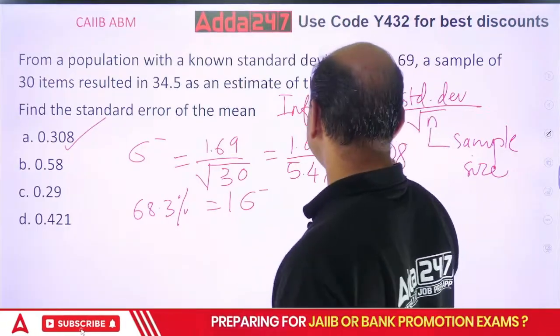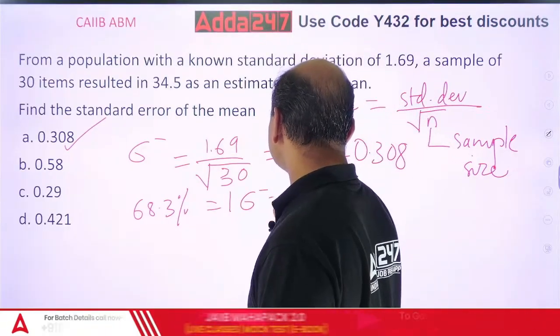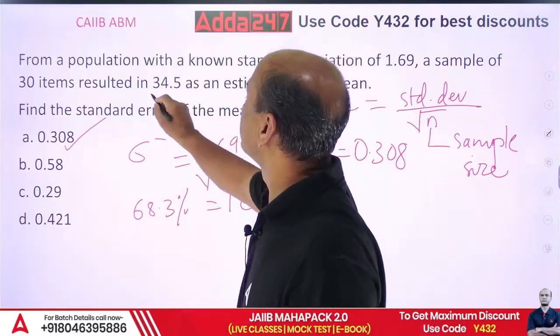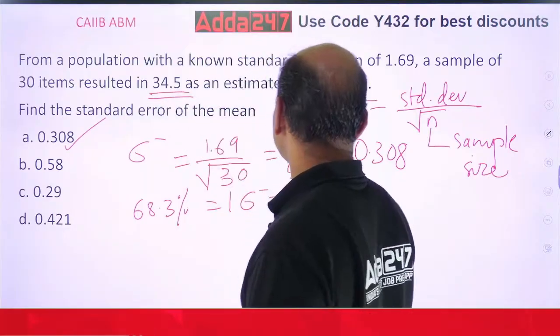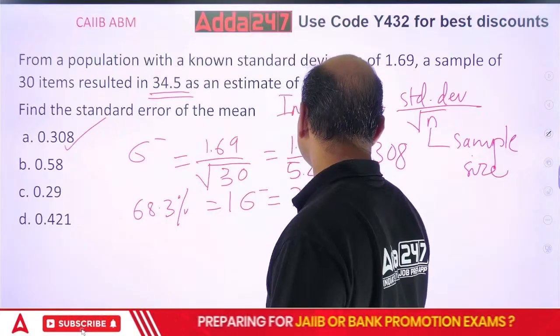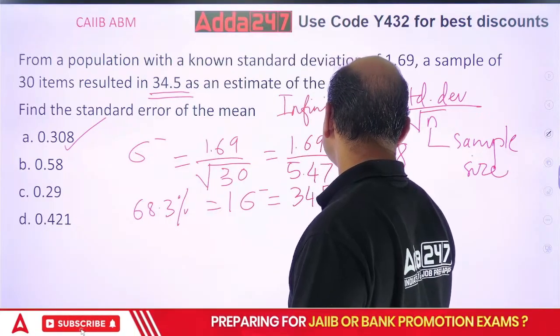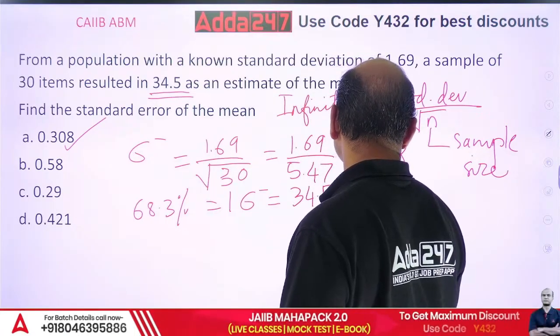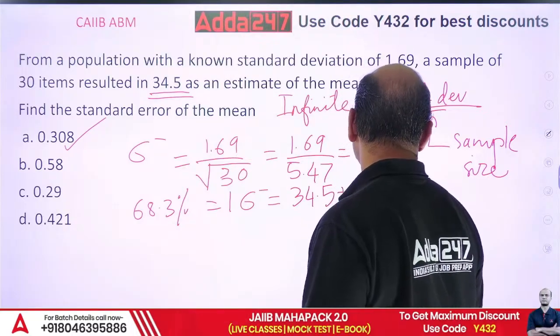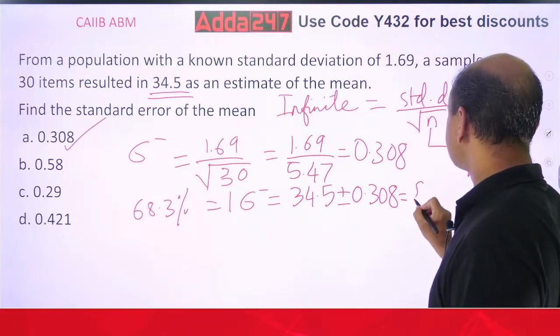So it is 0.308. So what will you do? It will be mean 34.5 plus or minus 0.308.